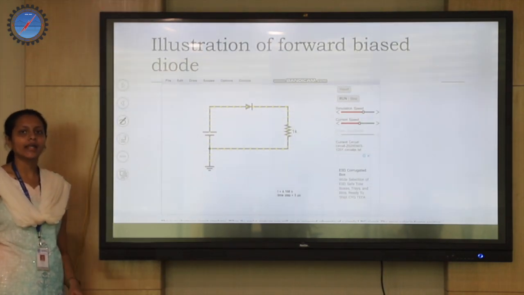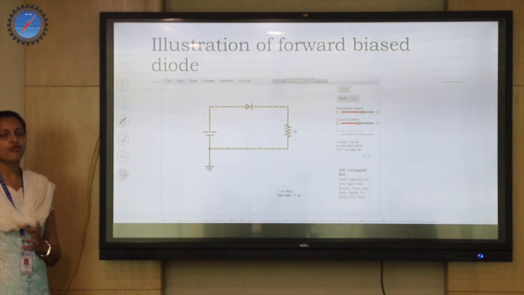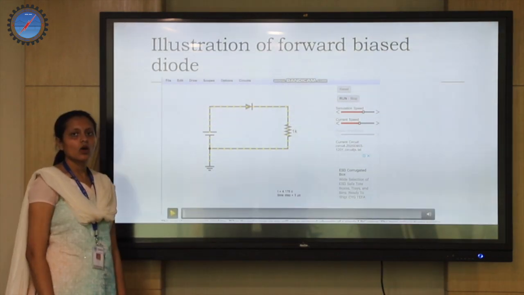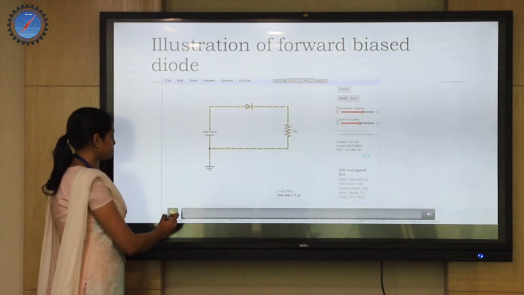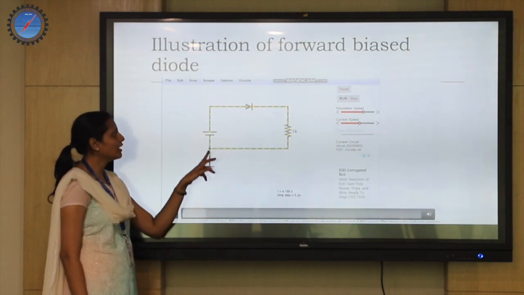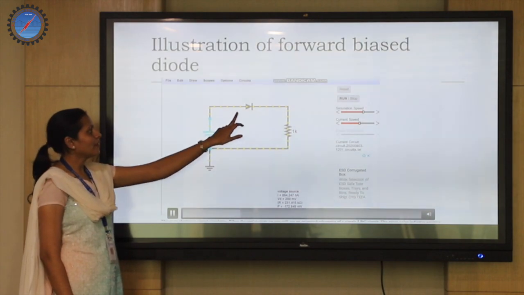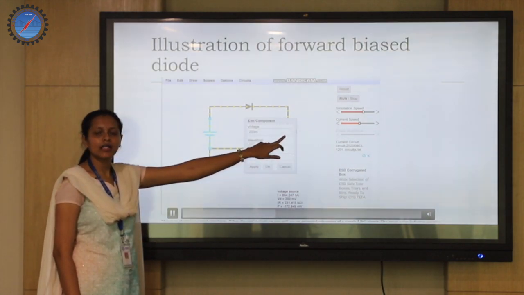I'll just show you an illustration of how a forward bias diode works. So here is a video where we have a battery connected, and then we have a diode, and this is a current limiting resistor.